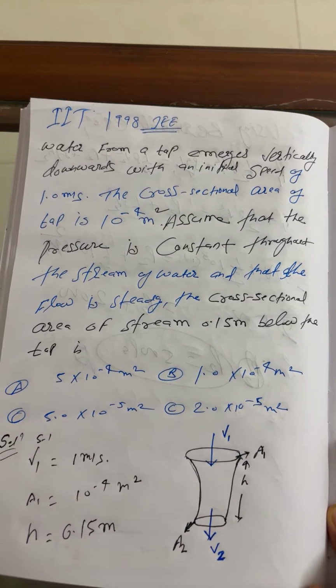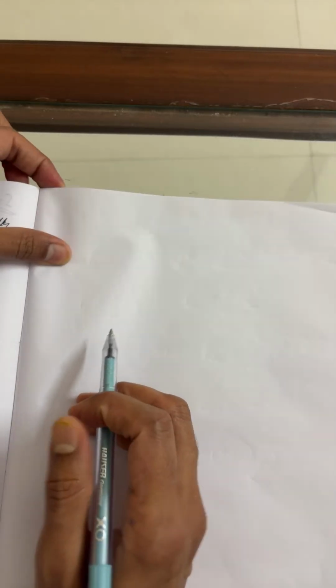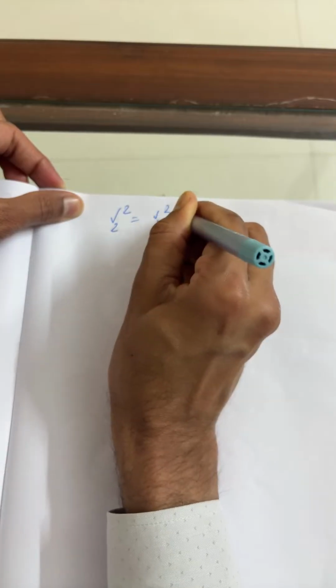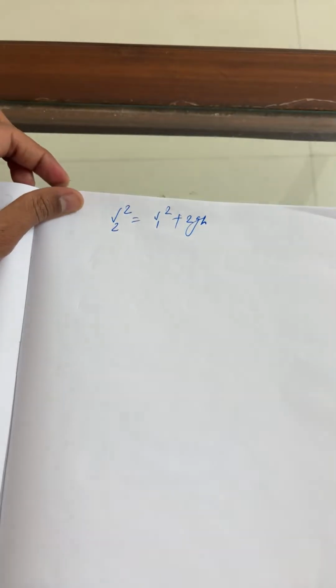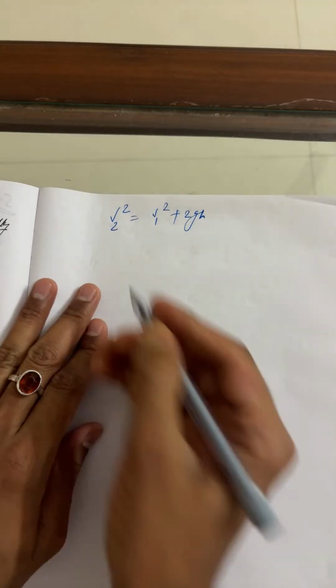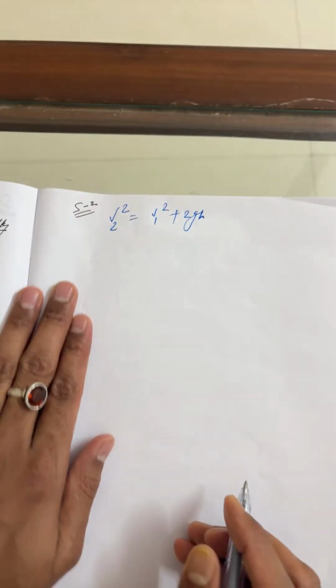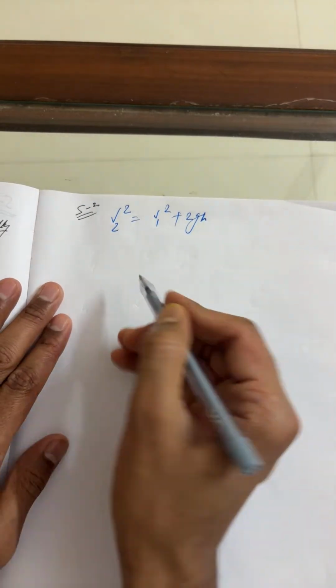So V2 squared equals V1 squared plus 2gh, from energy conservation. Or you can use this directly. This is step two: we can also use Bernoulli's equation.